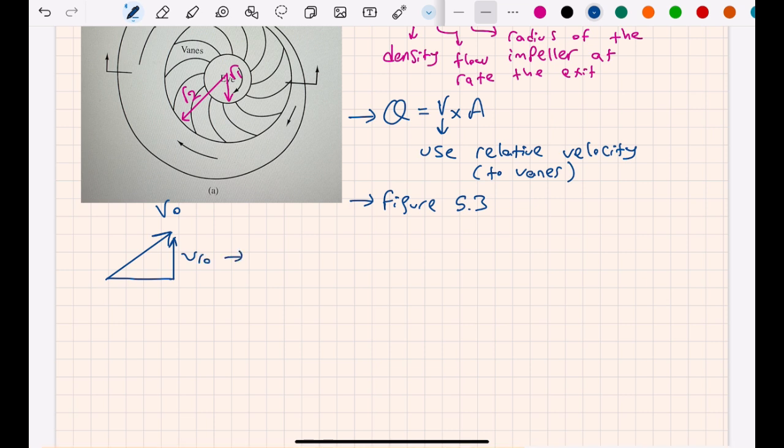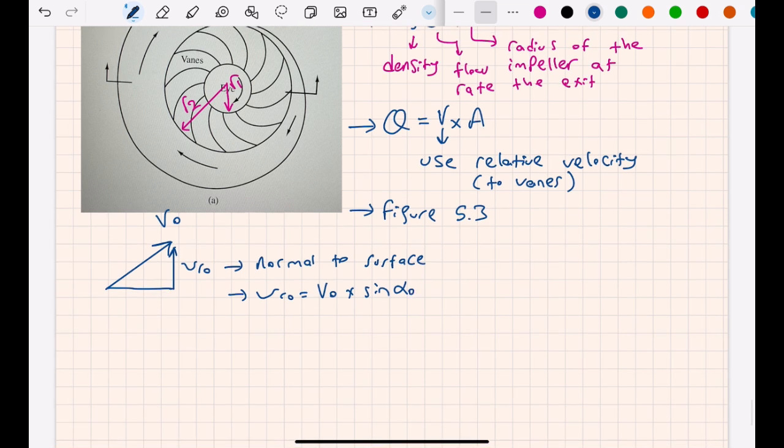Here the relative velocity is normal to the cross-section, normal to that cylindrical surface. This value is actually V0 times sine alpha. So let me use that value here.